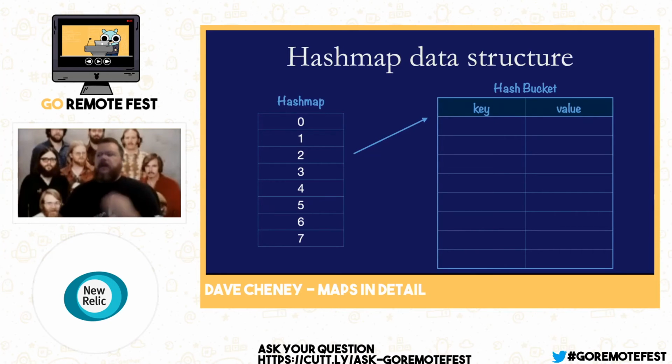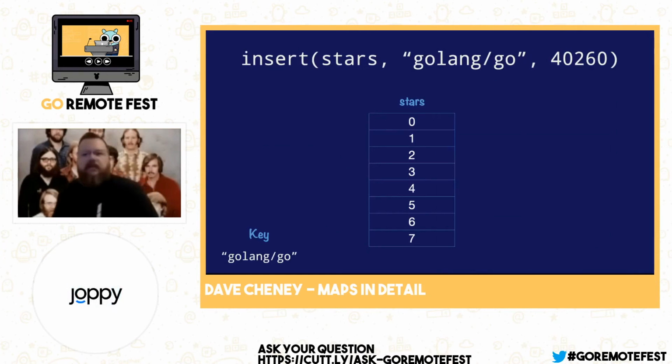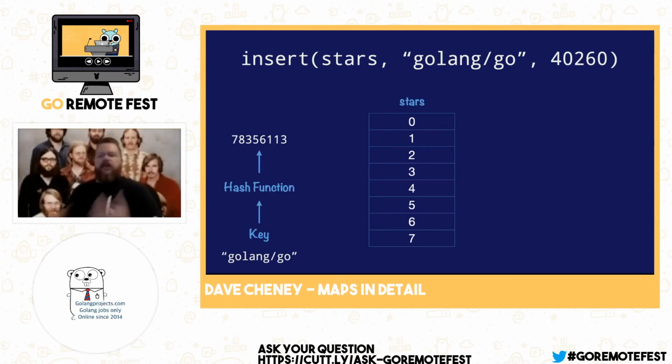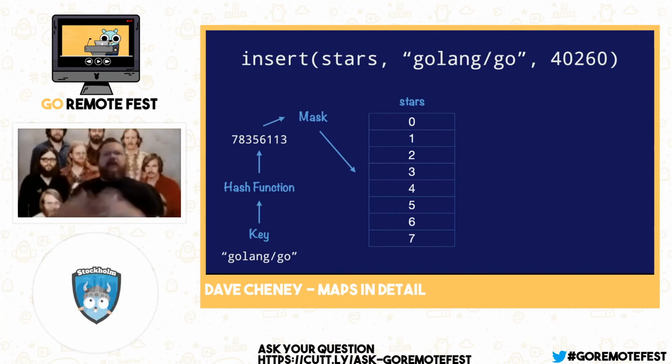So for example, if we wanted to insert something into this, we have just a map that's recording stars on GitHub for projects. We have the key. We feed the key to the hash function. We get back some value. It doesn't really matter what it is. And usually that value is either modulo or mask or some property that's used as an index into the array.